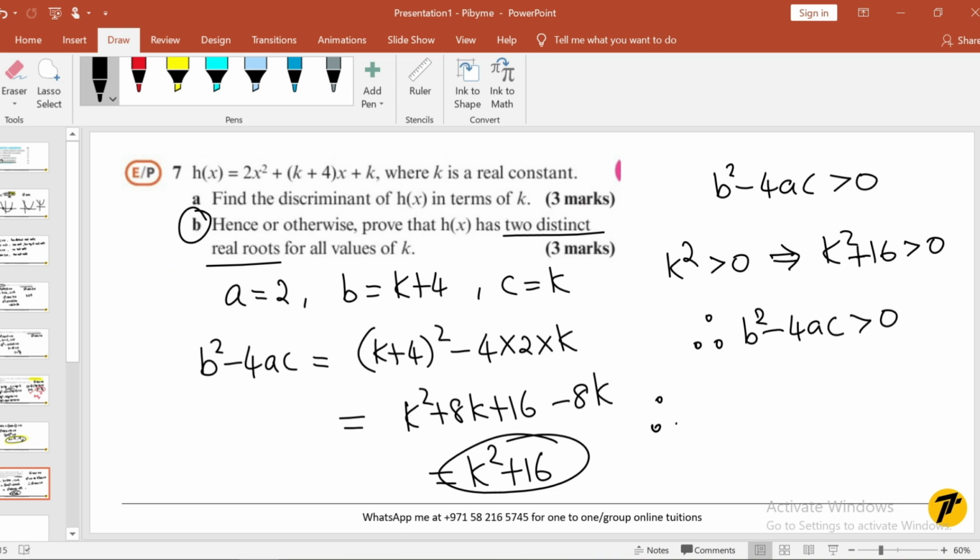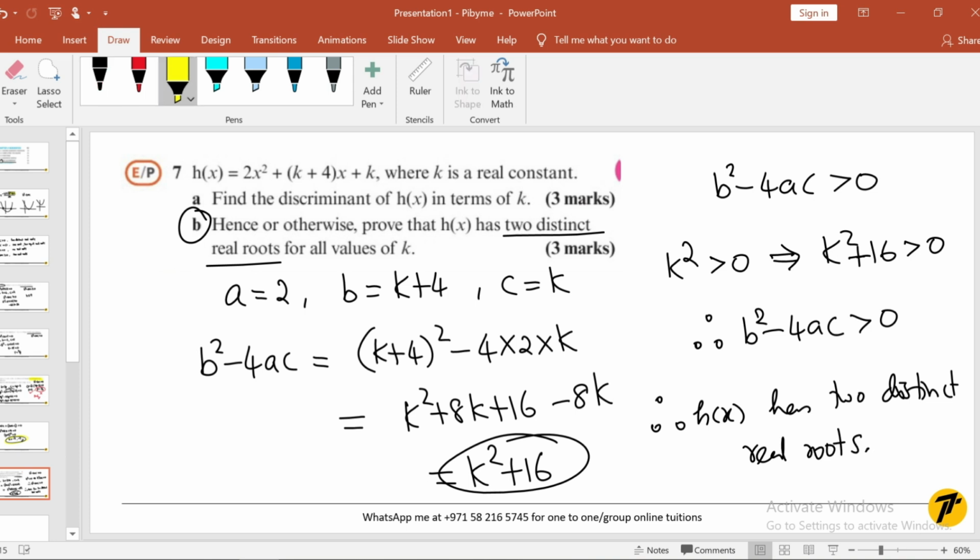Therefore, you need to write h of x has 2 distinct real roots, because we have proved already the discriminant is positive. Because k square is definitely positive, so k square plus 16 is also positive.